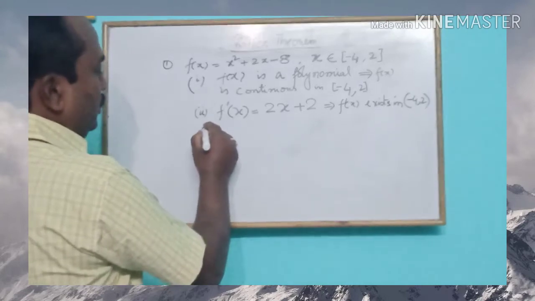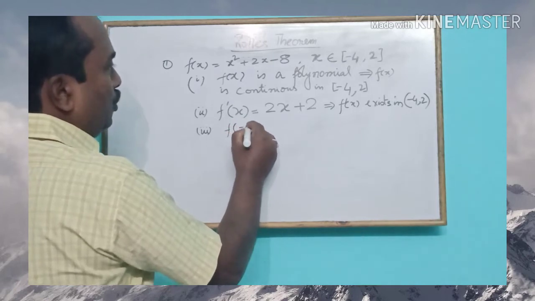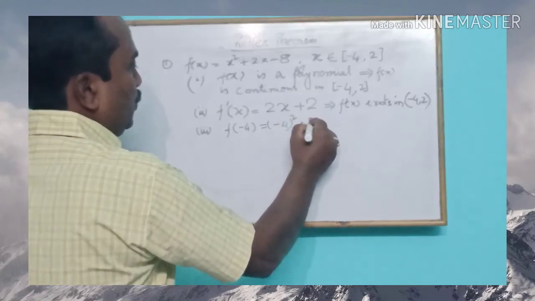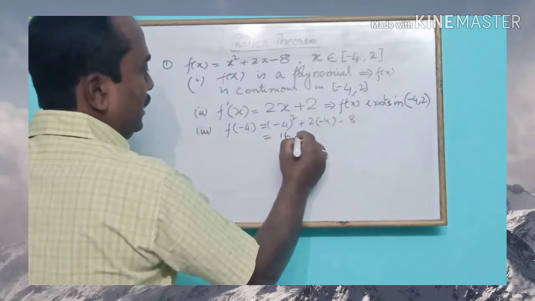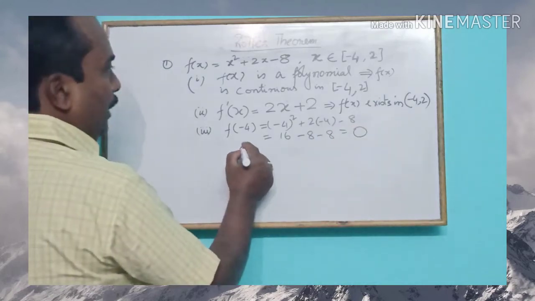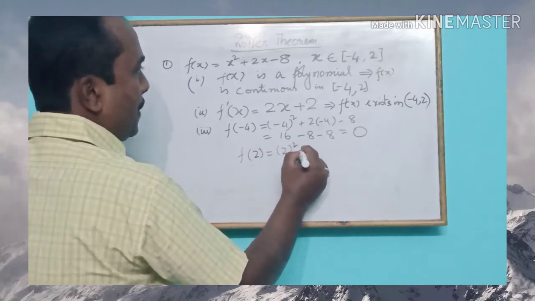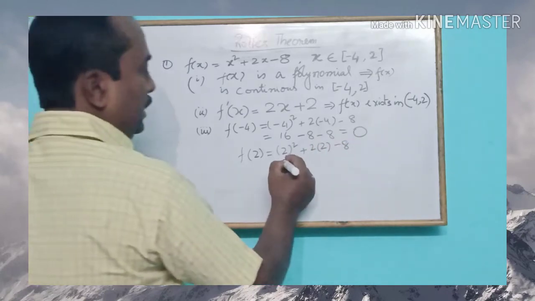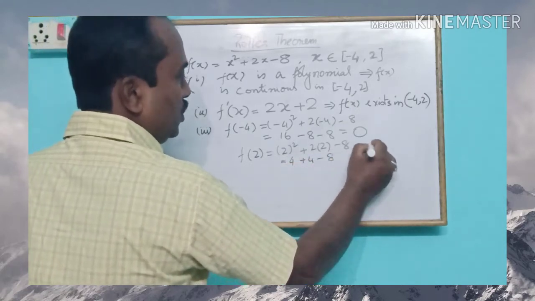Next, number 3, f of -4, that is (-4) square plus 2 into -4 minus 8, that is 16 minus 8 minus 8, that is 0, and f of 2, that is 2 square plus 2 into 2 minus 8, that is 4 plus 4 minus 8, that is also 0.